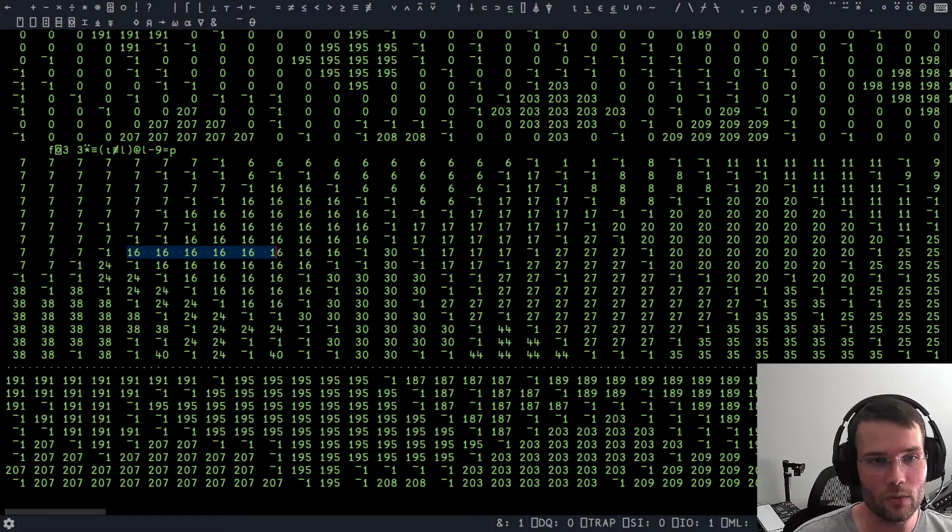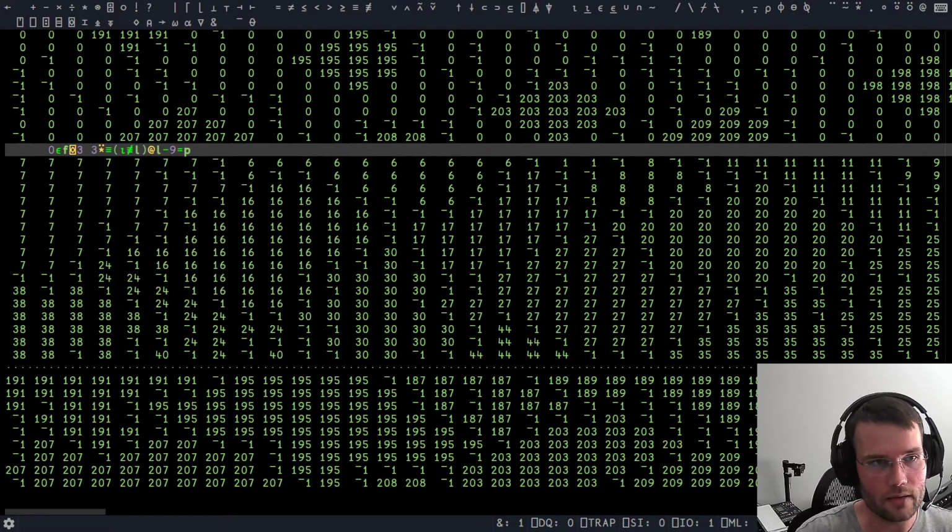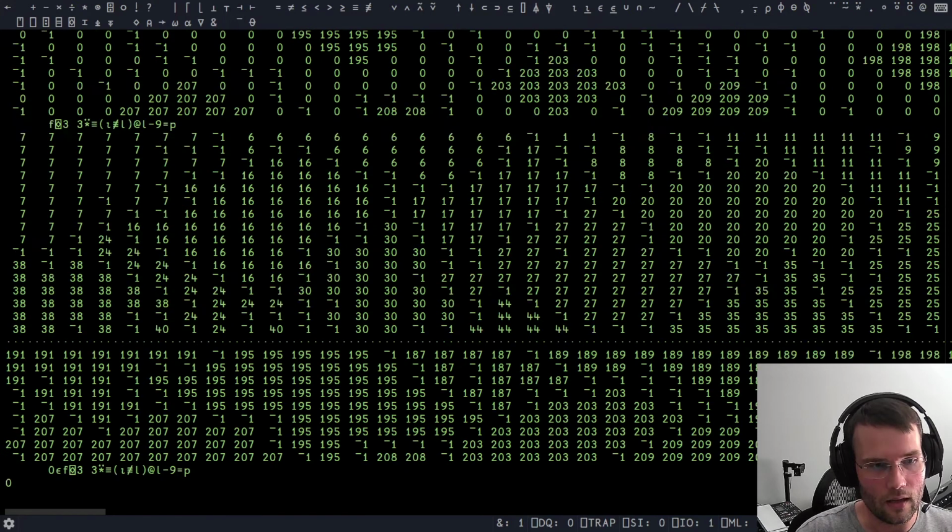But not only that, we've expanded everything out from our low locations, and we should not have any zeros left in this matrix, which we don't.